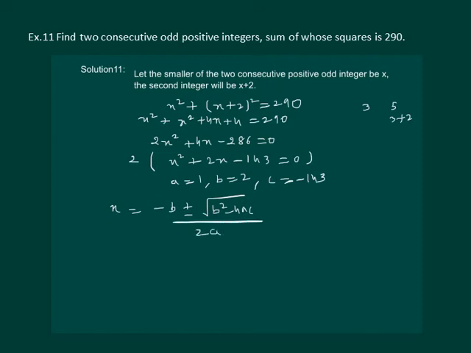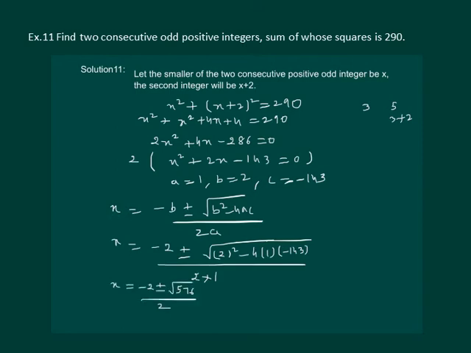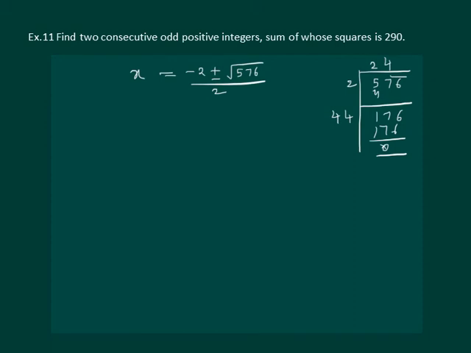Substitute in this formula, we get x equal to minus 2 plus minus under root of 576 by 2. We find that the square root of 576 is 24. So now x equal to minus 2 plus 24 by 2, or x equal to minus 2 minus 24 by 2.